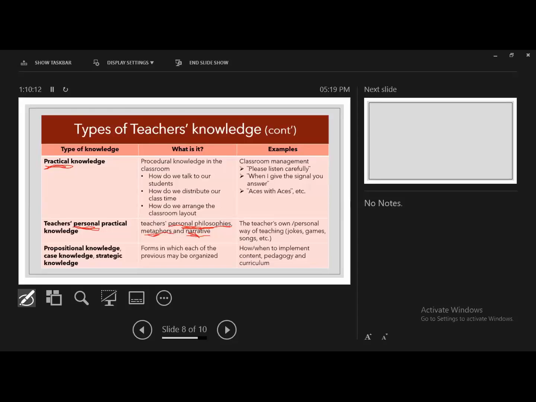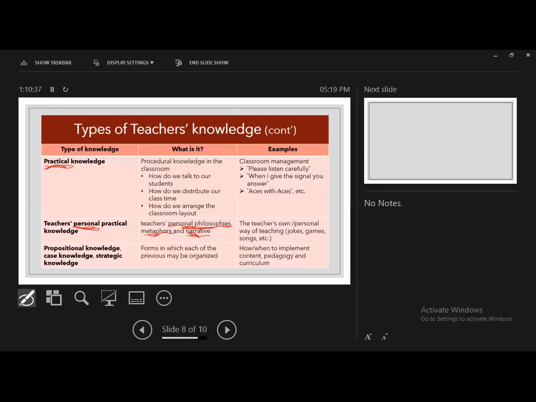Then we have the propositional knowledge, case knowledge, strategic knowledge. What is that? It's the forms in which each of the previous might be organized. How and when to implement content, pedagogy, and curriculum, right?